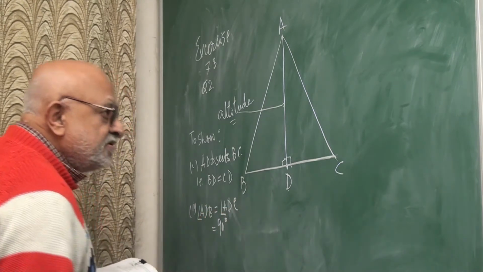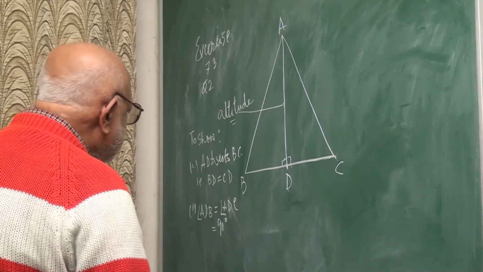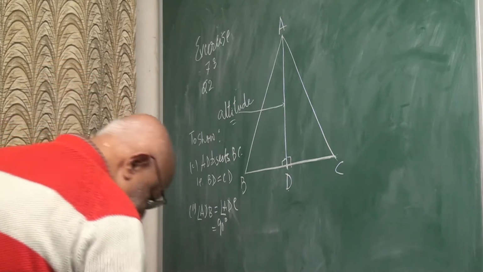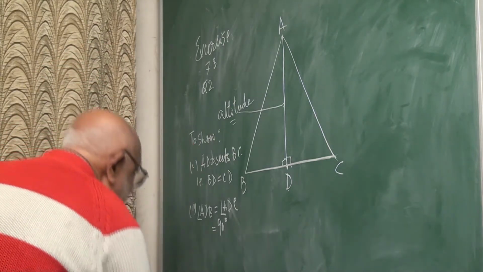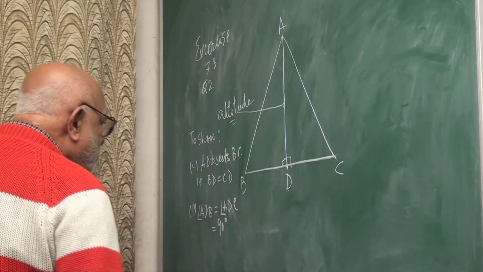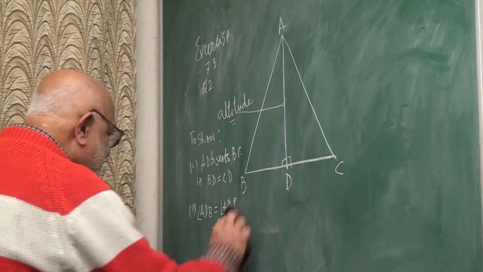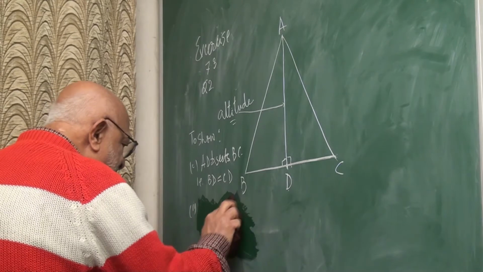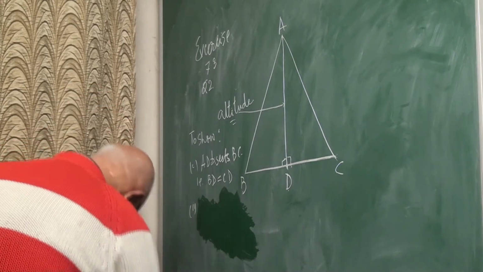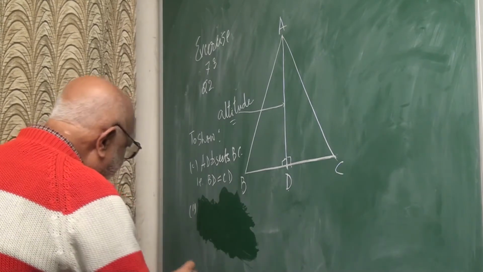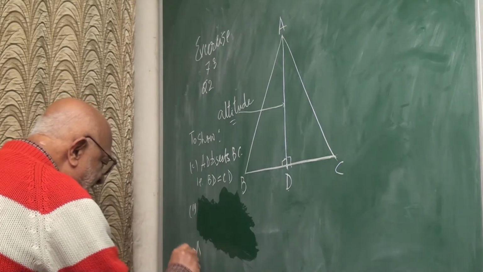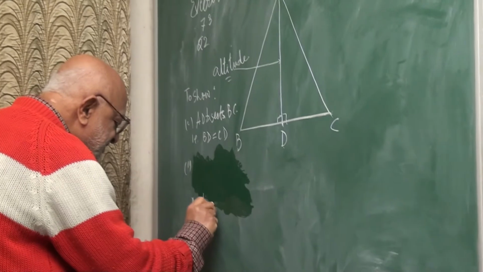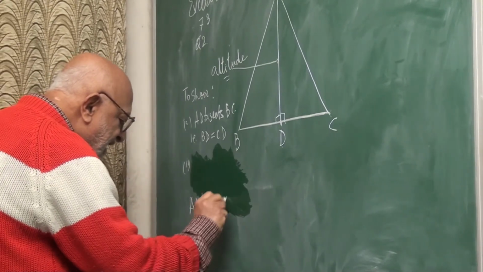And they are equal. Also to show: AD bisects angle A.